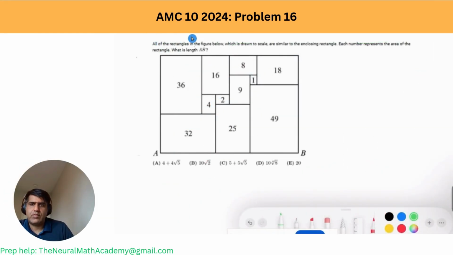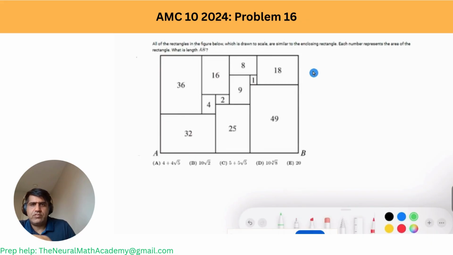Okay, now let's look at problem 16, where we are given that all of the rectangles in the figure below, which is drawn to scale, are similar to the enclosing rectangle. Each number represents the area of the rectangle. What is length AB? So it is important to understand that the larger rectangle is similar to the smaller rectangles.